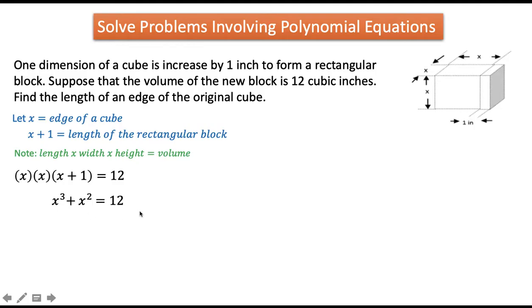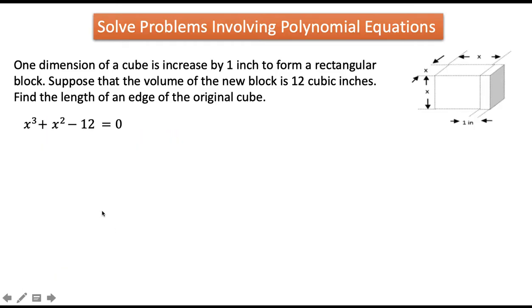Then we express this in standard form by adding negative 12 to each side of the equation, because we want the right side to become 0. This will be our standard form, x cubed plus x squared minus 12 equals 0, and this will serve as our working equation. From here, we're going to solve for x, and that x is the edge of the original cube.